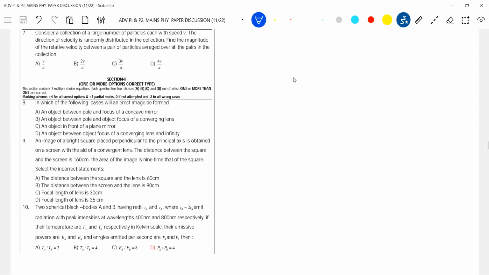Find the magnitude of relative velocity between a pair of particles, averaged over all pairs in the collection. I think it's something related to KTG, where these conditions will come. We can assume any number here, but it's telling only about a pair. They will be moving like this.